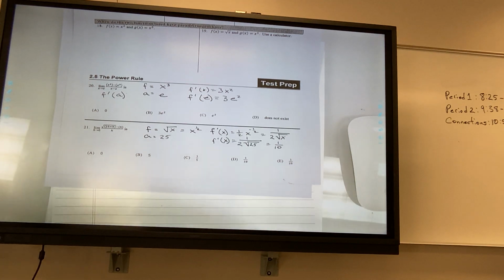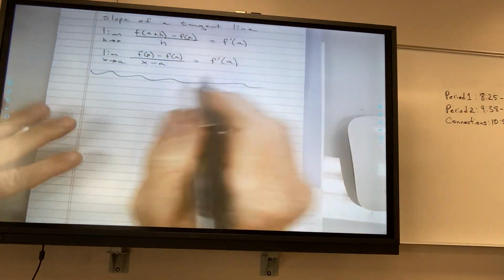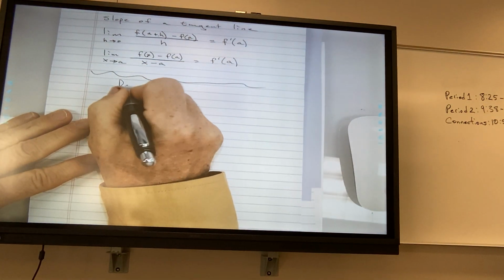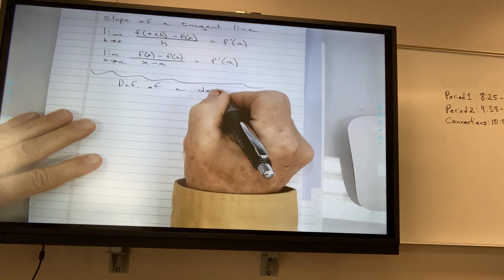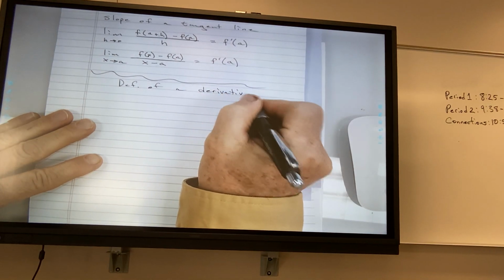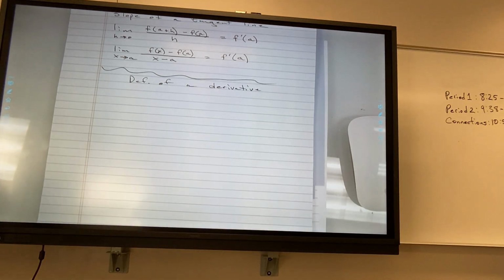All right. Then we have another one that's up on the window, and this is the definition of a derivative. Remember, the derivative is the expression that gives us the slope of the tangent lines at any x value on the curve, correct? It's a general expression. It will be in terms of x.